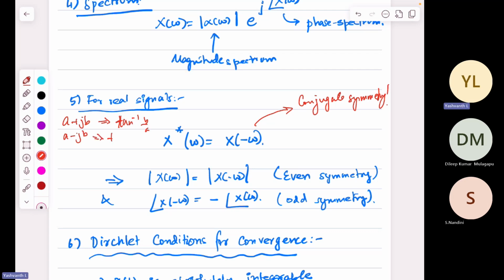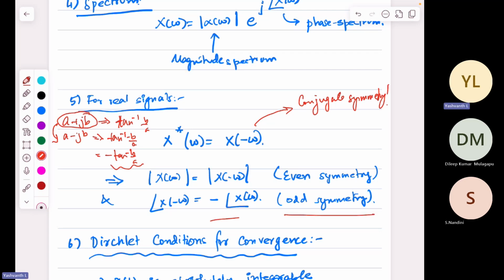The angle is tan inverse of minus b by a, which is equal to minus tan inverse of b by a. That is a negative of the angle of the complex number a plus jb. So whenever you take a conjugation, you should take the negation of the angle. That is the reason behind the odd symmetry.